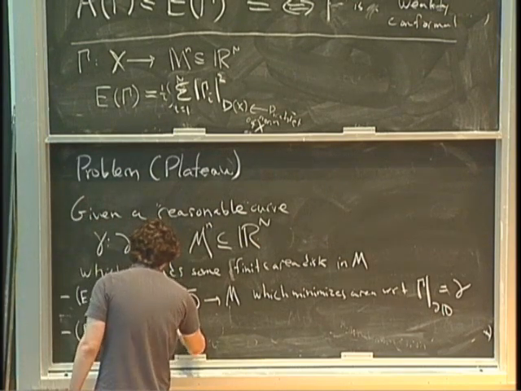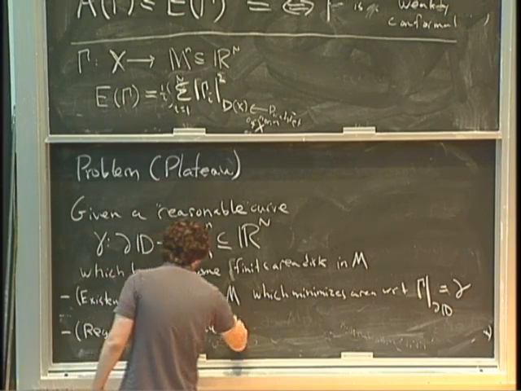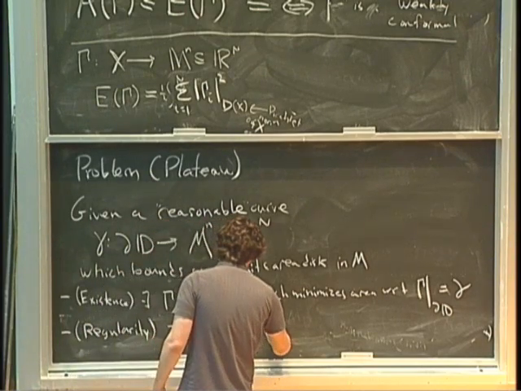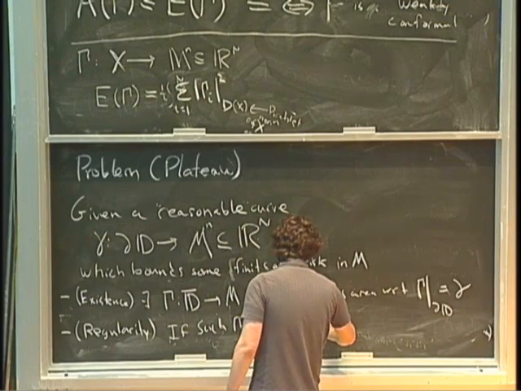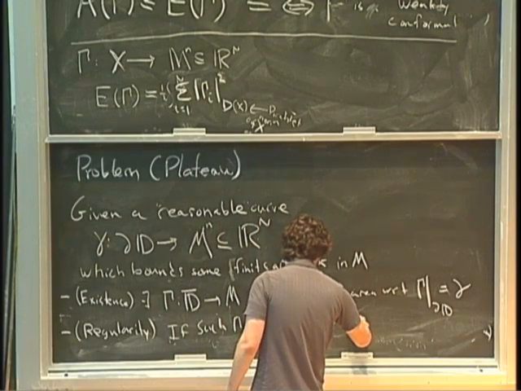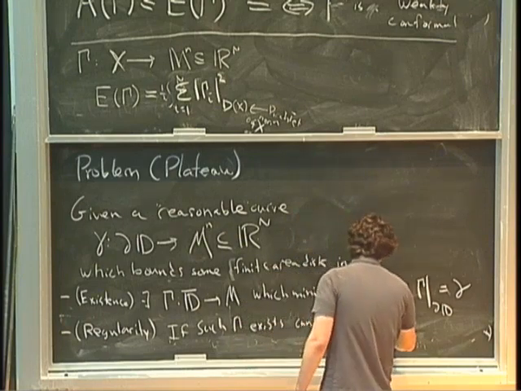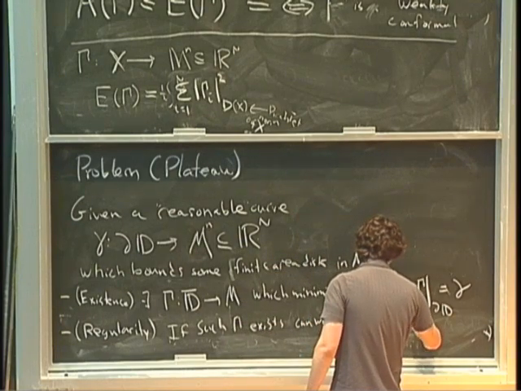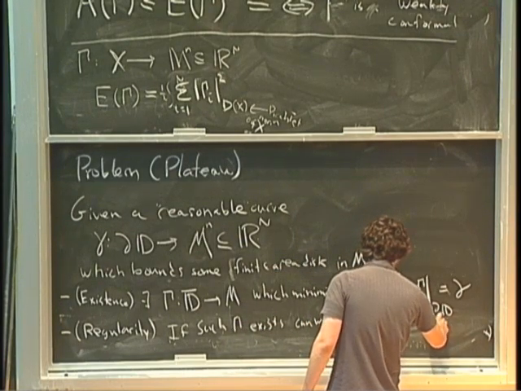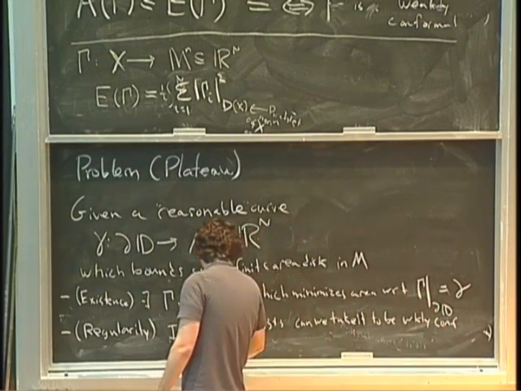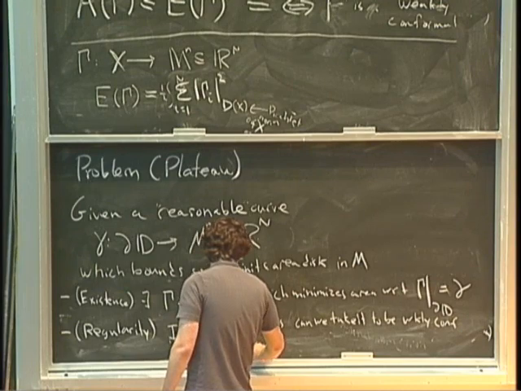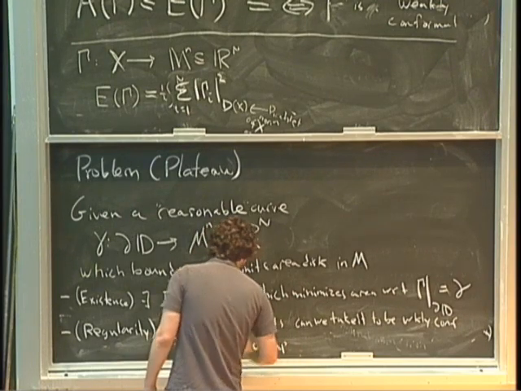If such gamma exists, can we take it to be a weakly conformal harmonic map? Sorry, I don't want to say immersion.